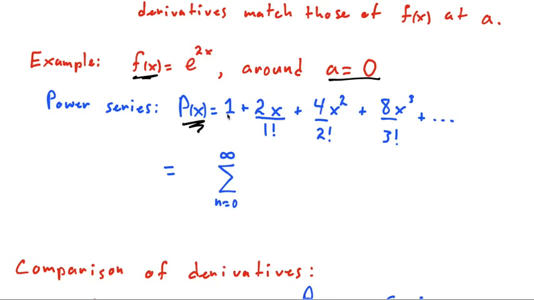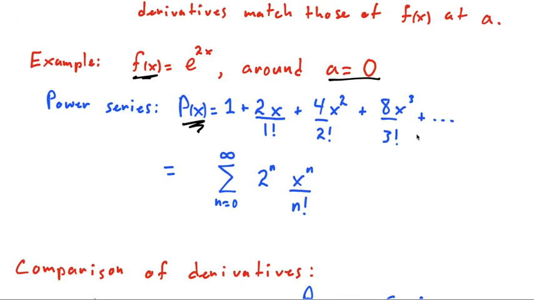And then we have 1, which is 2 to the 0, 2 to the first, 2 squared, 2 cubed. So we have powers of 2. And then we have powers of x, x to the n. And then we're dividing each term by n factorial. This power series expressed in sigma notation is the shorthand form for the power series that we started with.